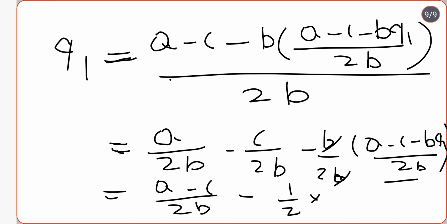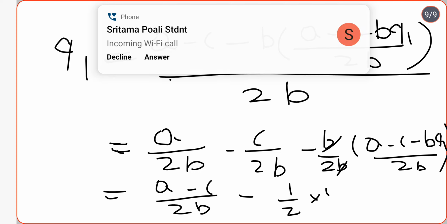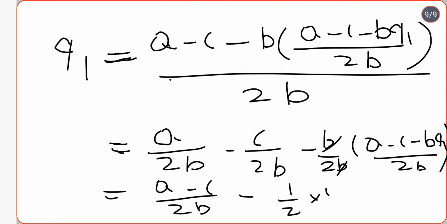After solving this equation, this can be multiplied with 1, so it will be A minus C minus BQ1 by 2B in the numerator, multiplied with 1.